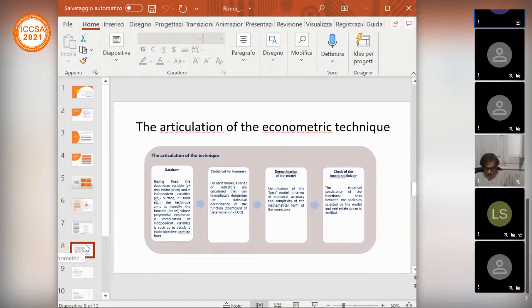Then we check the functional linkage between the dependent variable, that is the selling price, taken as a logarithm, and the independent variables.